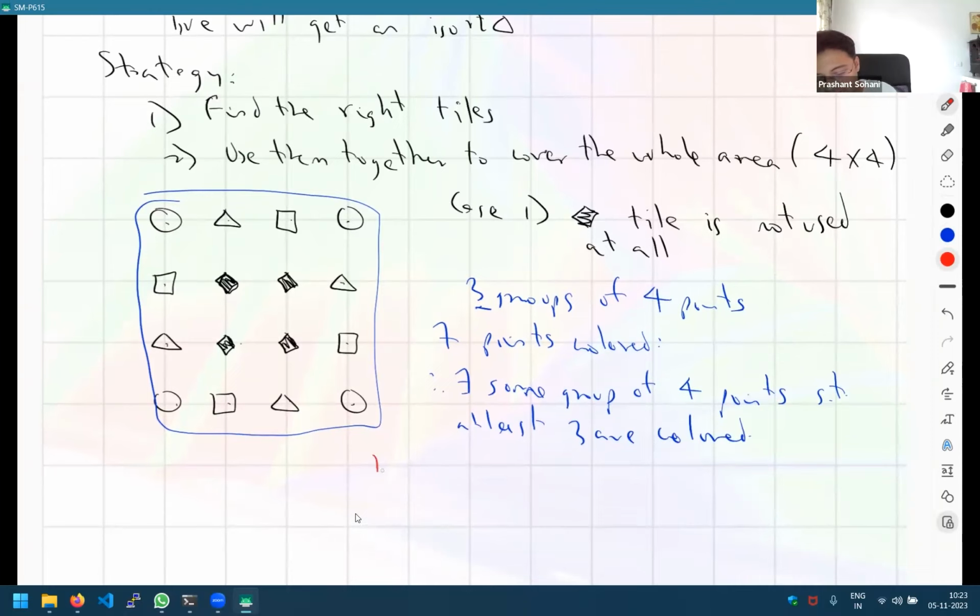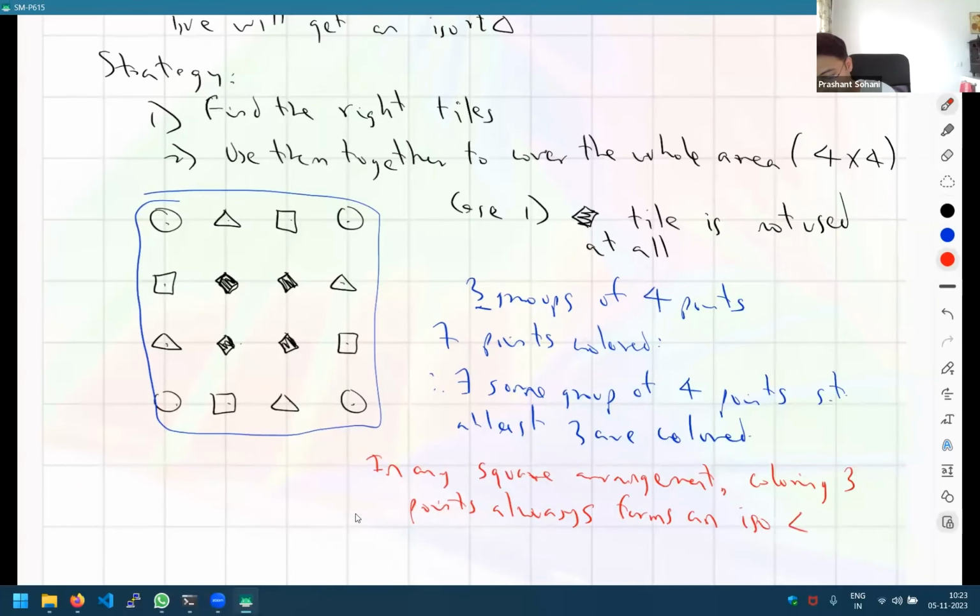So therefore, in any square arrangement, coloring 3 points always forms a right triangle. That is easy to check. Whenever you are forming a square, any 3 points you color, you always form a right angle triangle.